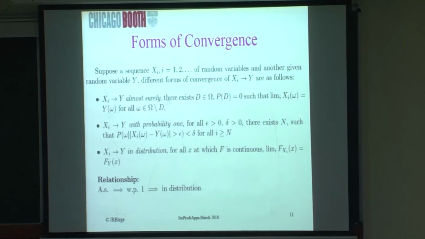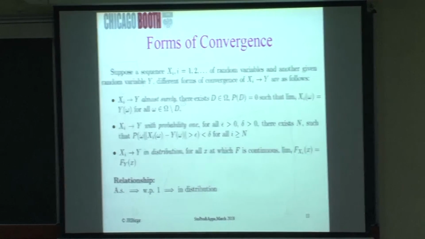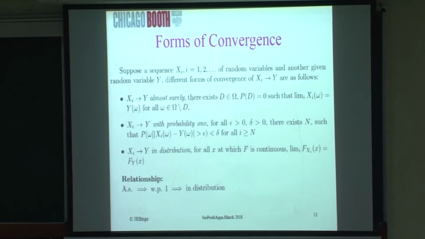Now, in between, there's one that says convergence in probability. This one's saying that there's no possibility that I take the limit and end up not being exactly where Y is.